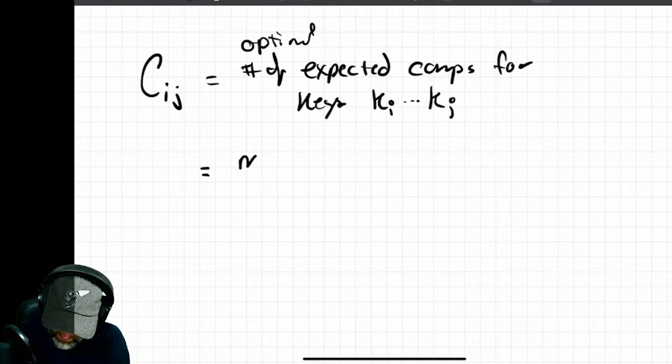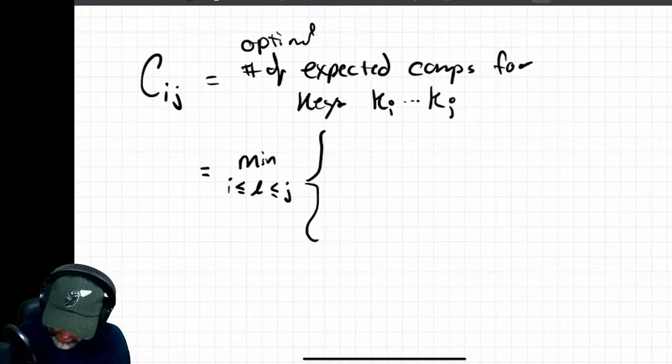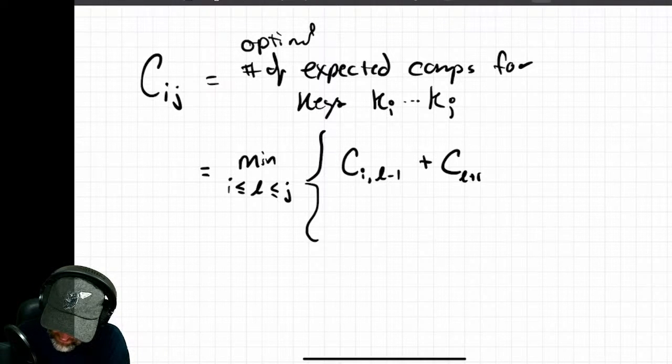So you're going to take the minimum among all those values, starting at i, and here that's why I'm using l here, up to and including j. And you're going to split it at i up to l minus 1 plus l plus 1 to j.